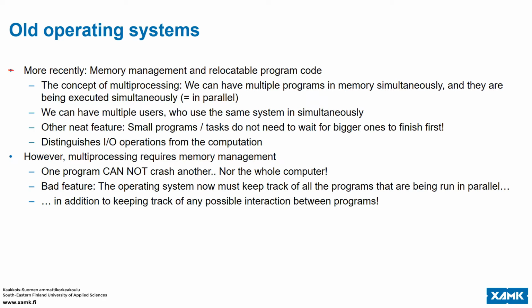So at some point, computers became more and more common. So it made sense to be able to transfer programs from one computer to another. This is basically the concept of relocatable program code. So the idea is if you have made a program for one computer, if you want to distribute it, it should work on some other computer as well.